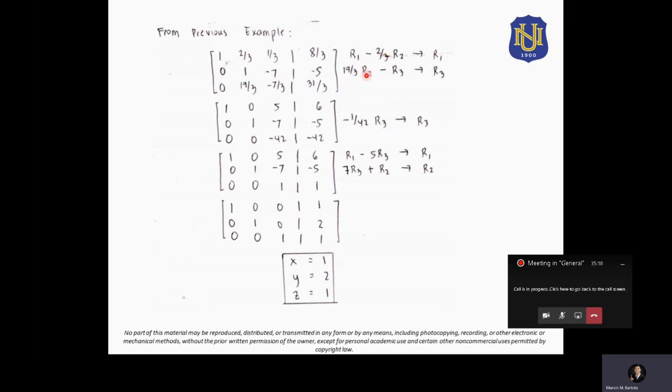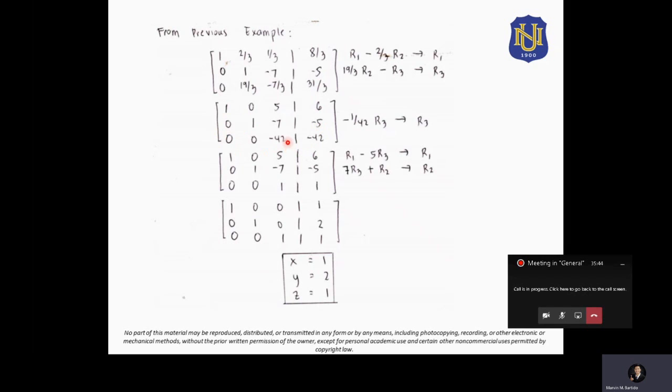And then 19 thirds times row 2, which is negative 7, minus R3, which is negative 7 thirds, and it will give you negative 42. And then 19 thirds times negative 5, okay, minus R3, which is 31 over 3, that will give you negative 42.